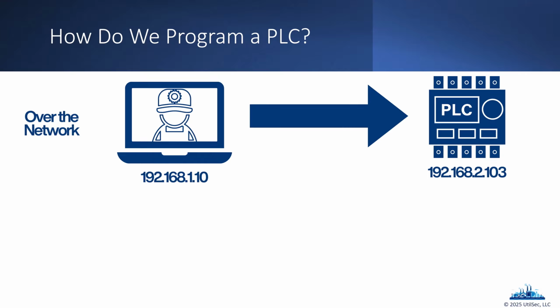They can probably connect to 2.103 as well, because most OT networks, even when we talk about secure network architecture and making ACLs as restrictive as possible, it's not as common to see, unfortunately.